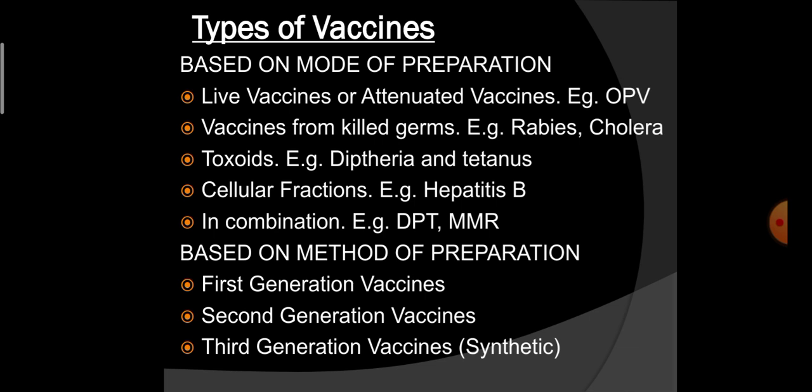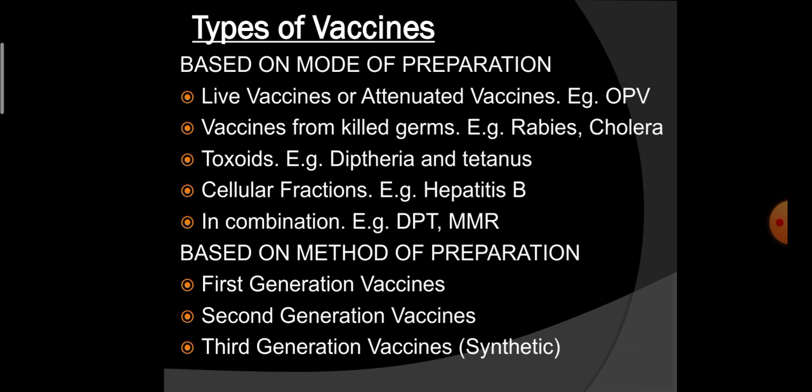Next is second generation, where a portion which is useful in triggering the immune system is extracted and developed by using DNA, rDNA technology. Hepatitis is an example of second generation vaccines.